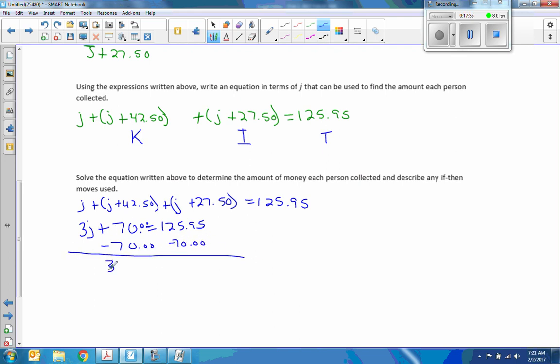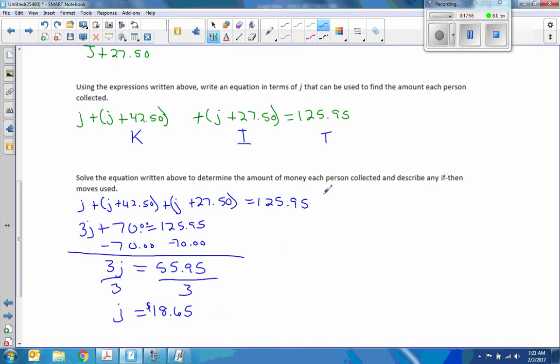Okay, these cancel, and I get 3J equals 55.95. And then divide by 3. So therefore, J equals 18.65.